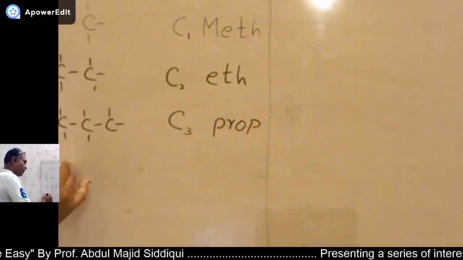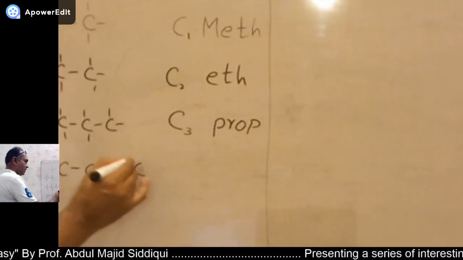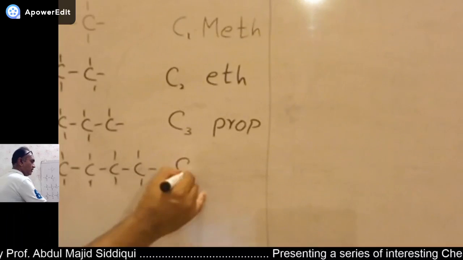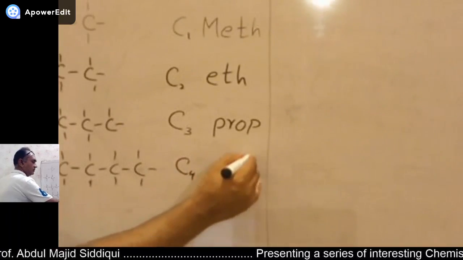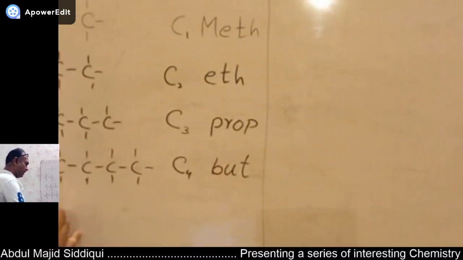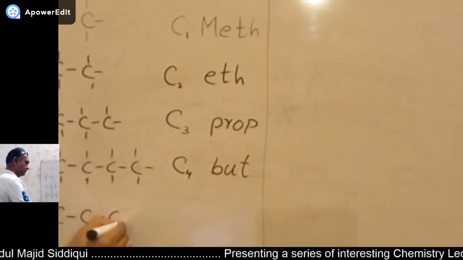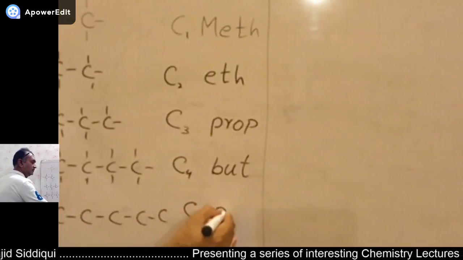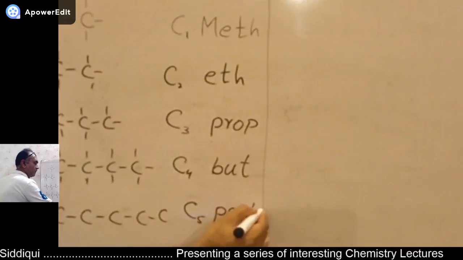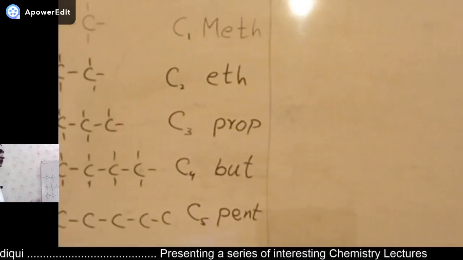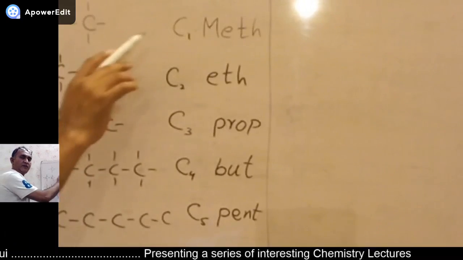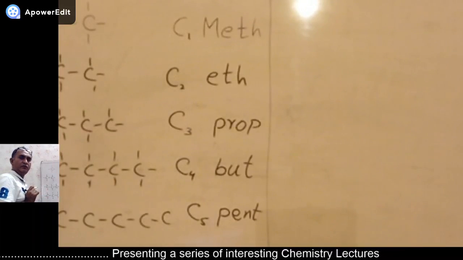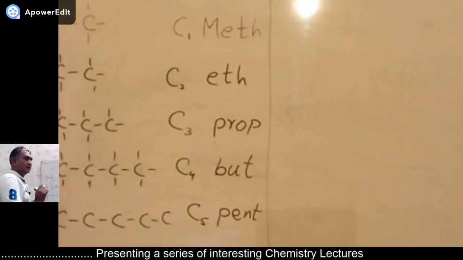If there are four carbons, we call it but. If there are five carbons, short form is C5, it is called pent. So, for one carbon meth, two carbons eth, three prop, four but, five pent.